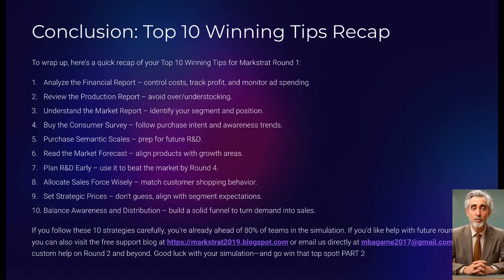Buy the consumer survey, follow purchase intent and awareness trends. 5. Purchase semantic scales, prep for future R&D. 6. Read the market forecast, align products with growth areas. 7. Plan R&D early, use it to beat the market by round 4.